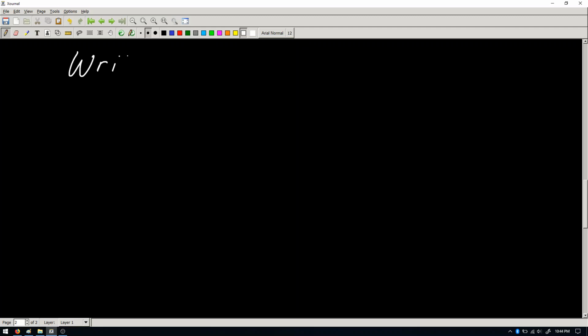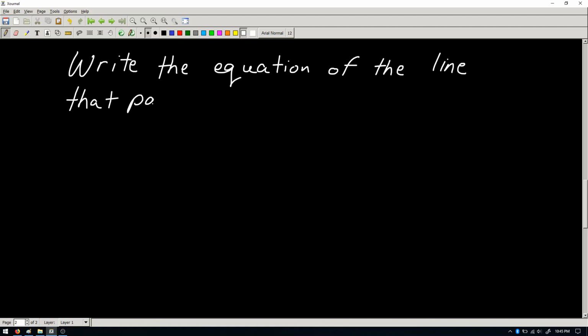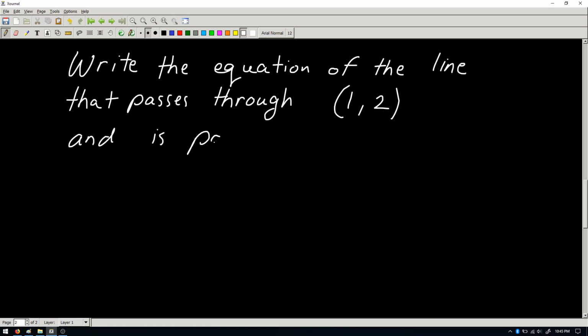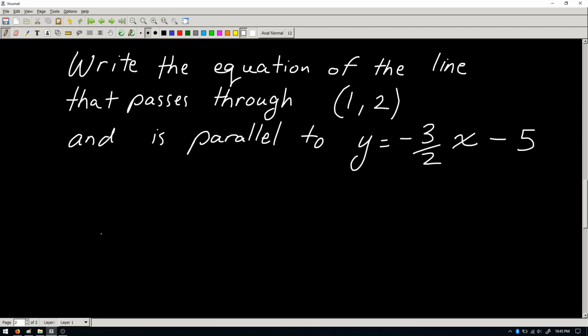Write the equation of the line that passes through (1, 2) and is parallel to y equals negative 3 over 2x minus 5. So folks, I need an equation.